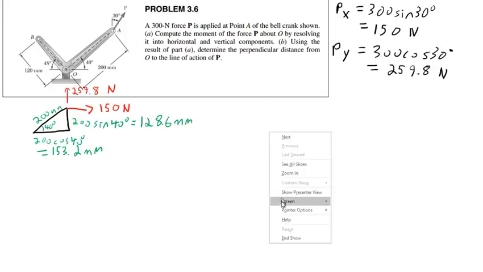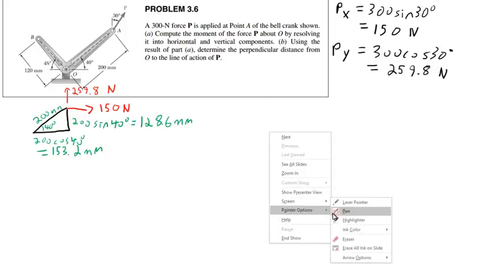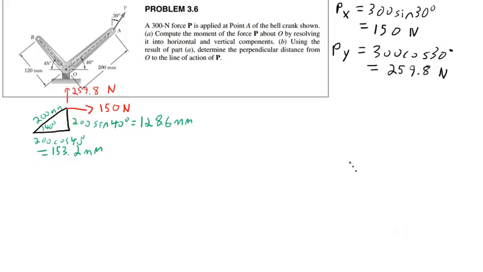So I'm going to redraw the triangle just for clarity. Maybe a little bigger. So what I have here, actually let me just convert this to meters, is 0.1532 meters and 0.1286 meters.